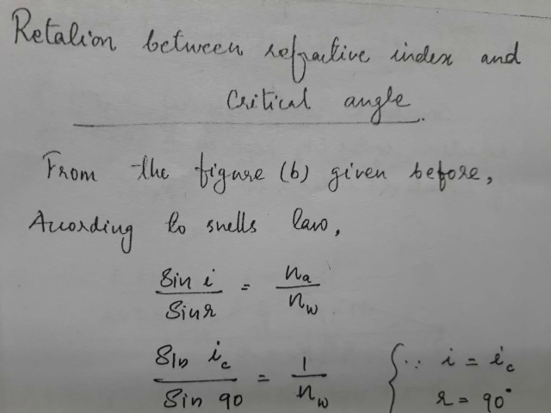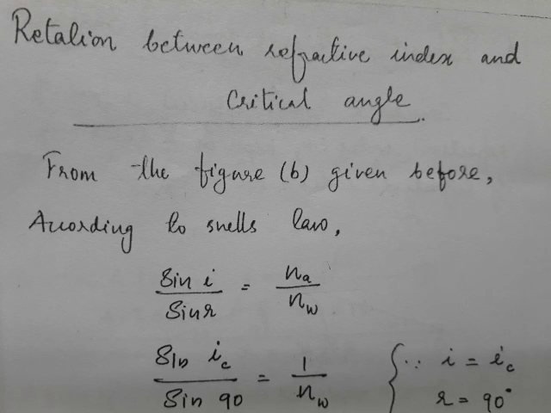And now let us check what is the value of this critical angle for a given pair of media. For example, let's consider light traveling from water to air. That is, the denser medium is water and the rarer medium is air.